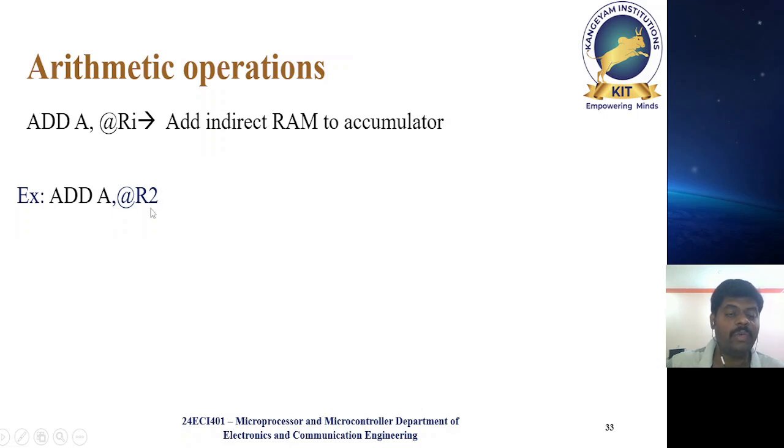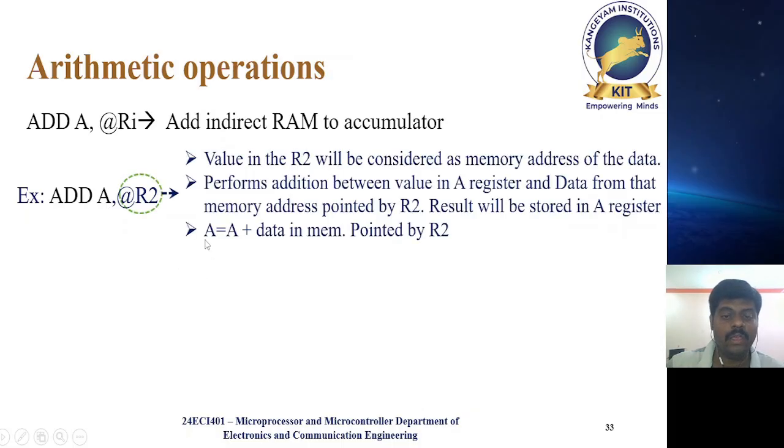Here R2 will have a value, and that value will be considered as an address for the data. That data will be added with the data in the A register and the result is stored in the A register. So A equal to A plus the data in the memory pointed to by R2. R2 is pointing to a memory location, and that memory location's data will be processed.